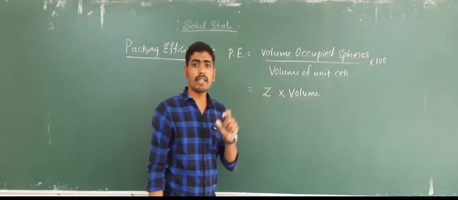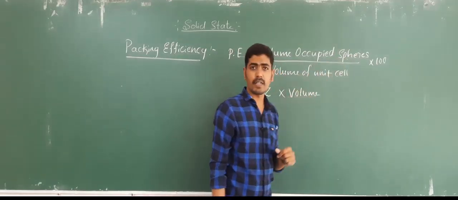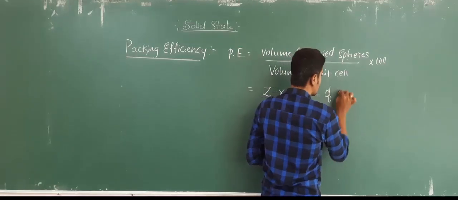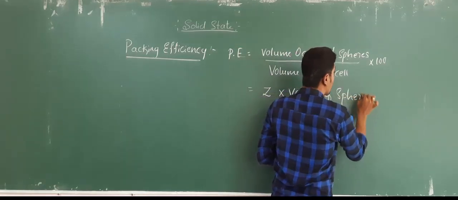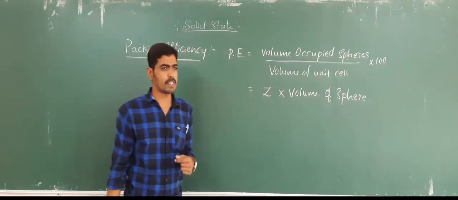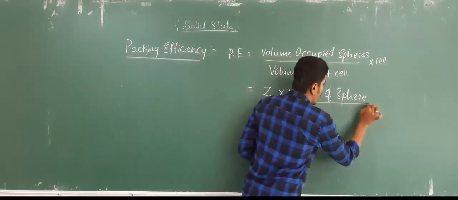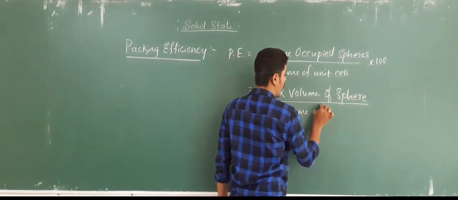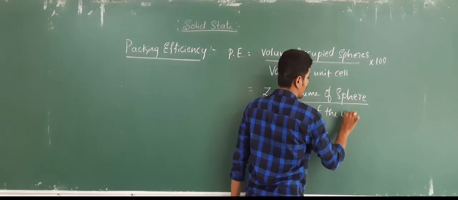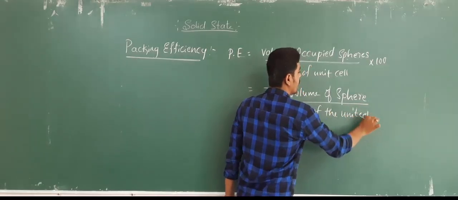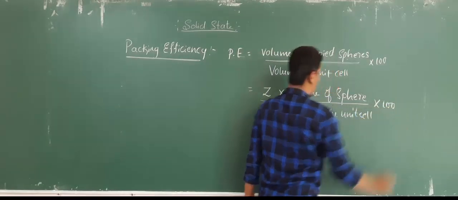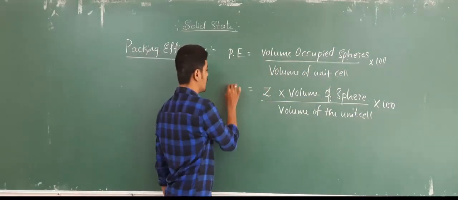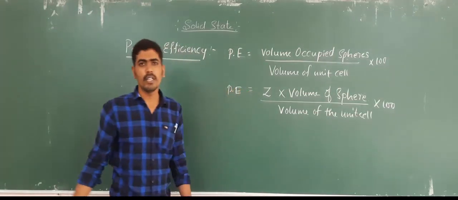Here the particles are considered as spheres, and hence I will write the volume of sphere, because the particles are present in the form of spheres, divided by volume of the unit cell, into 100. So by using this formula we can find the packing efficiency of a particular unit cell.